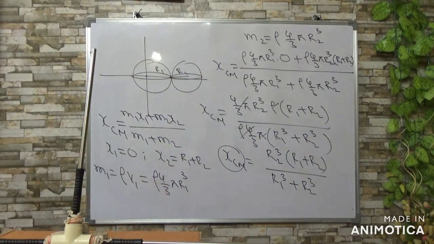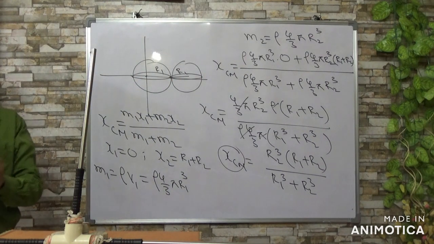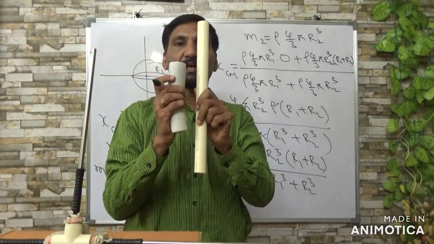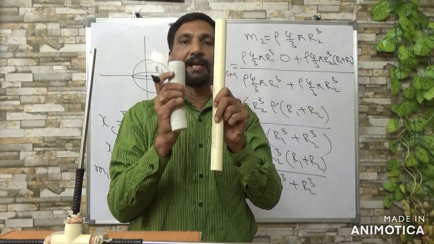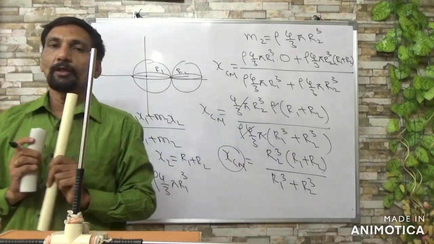Now we take two rods. Let us suppose you are given two cylindrical rods and you want to know the point of center of mass.